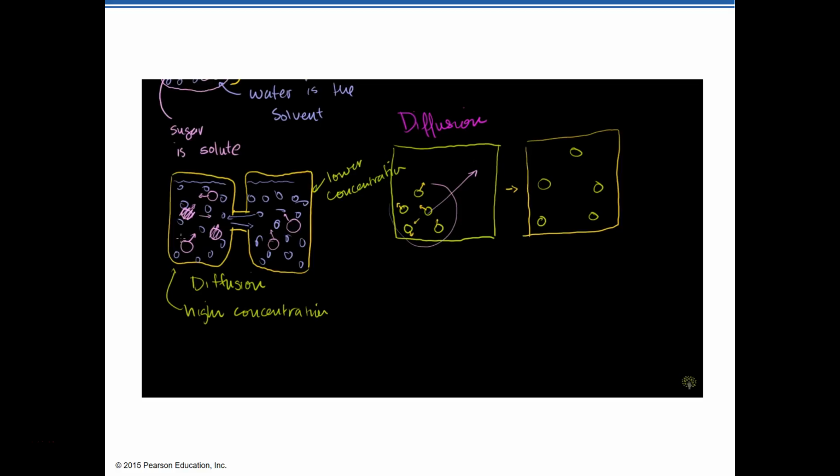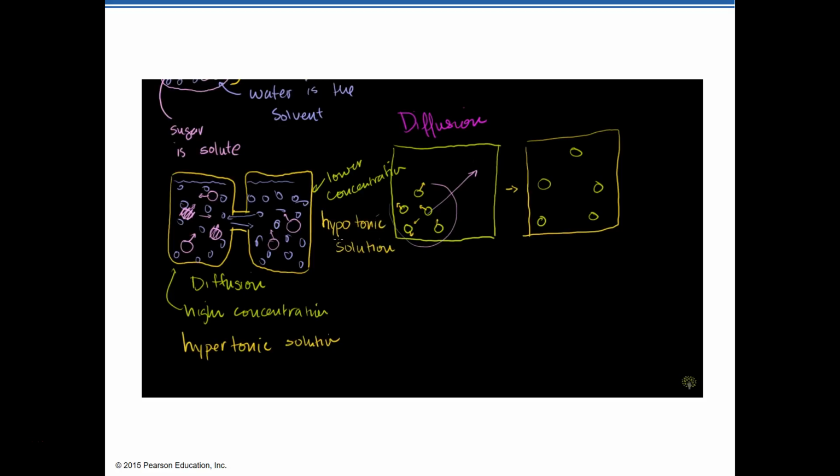This solution with a high concentration is called a hypertonic solution. Let me write that in yellow. Hypertonic solution. Hyper, in general, meaning having a lot of something, having too much of something. And this lower concentration is hypotonic solution, lower concentration.